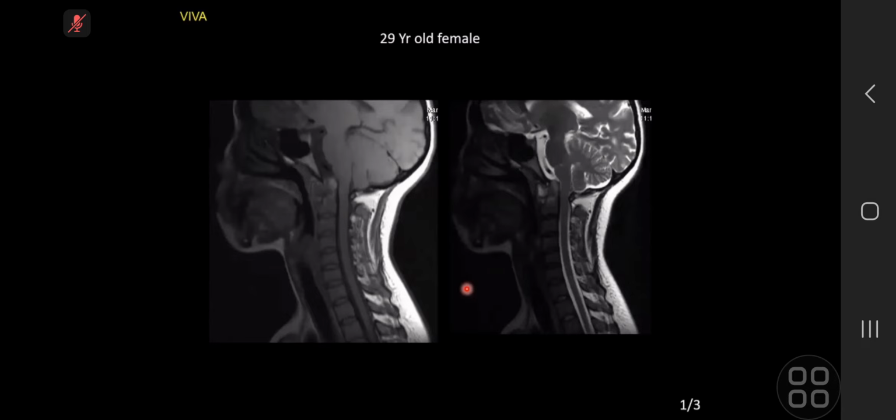Now it is perfect. Okay, so I can see high T2 signal in the anterior arch of atlas and in the dens. I can also see some high T1 signal related to the tip of the dens.